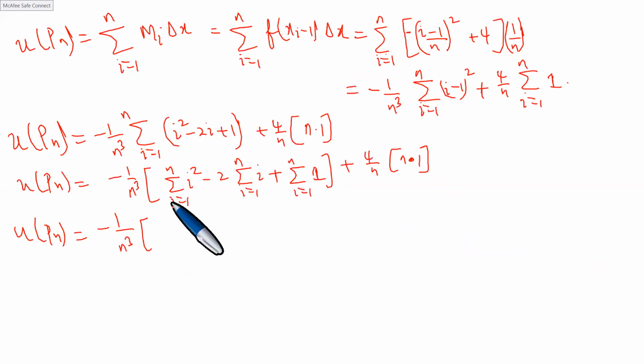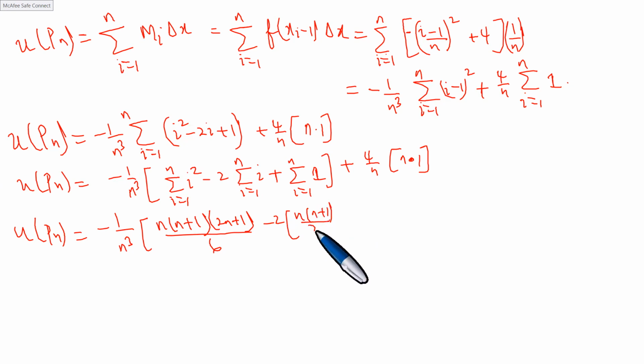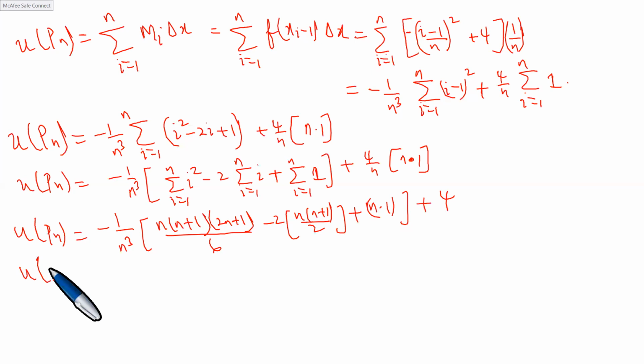So now here we have the sum of the squares, n into n plus 1 into 2n plus 1 out of 6. This one is n into n plus 1 out of 2, n by 1, plus 4. Right, we get this one.